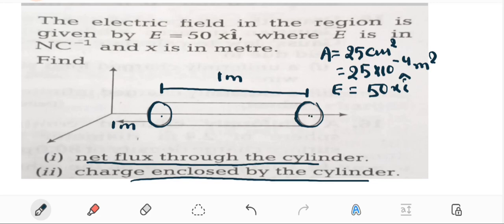Let us consider this is the right part, which let us name as EB, and this left part, let us name as electric field along A direction. Now this first part of the question says we have to find the net flux through the cylinder.